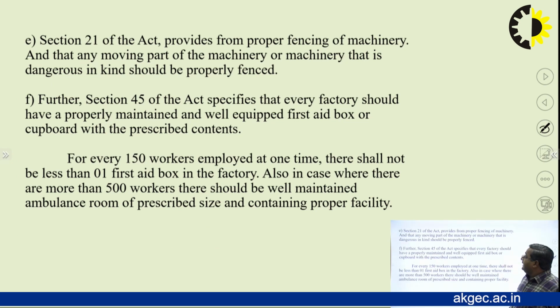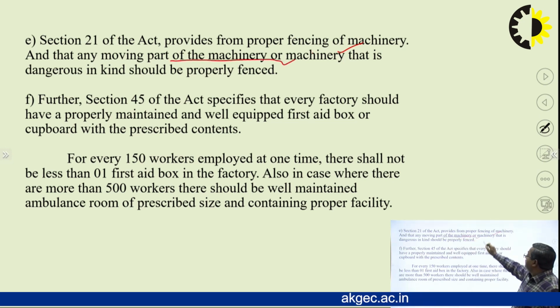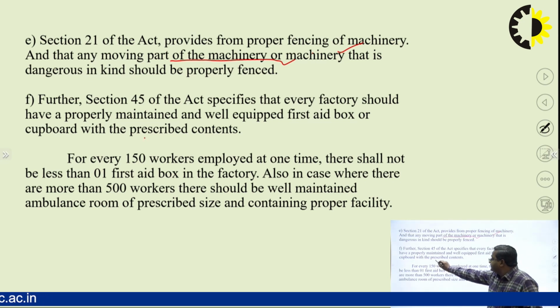Section 21 of the Act provides for proper fencing of machinery: any moving part of the machinery, or machinery that is dangerous in kind, should be properly fenced. Further, Section 45 of the Act specifies that every factory should have a properly maintained and well equipped first aid box or cupboard with the prescribed contents.